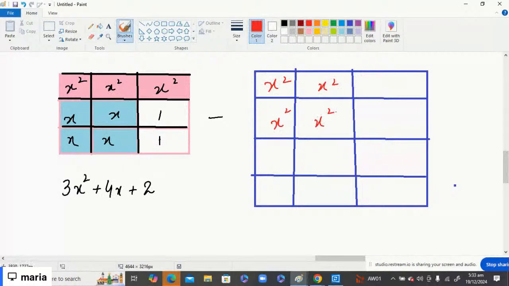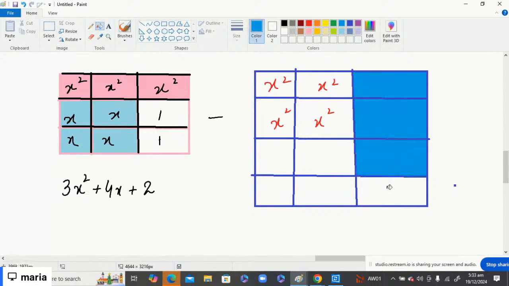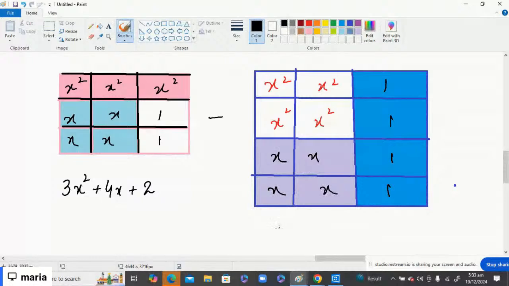Okay, then for the next is this, it's all 1. Okay, and now for the end, this is all x. So this becomes 4x square plus 4x plus 4.